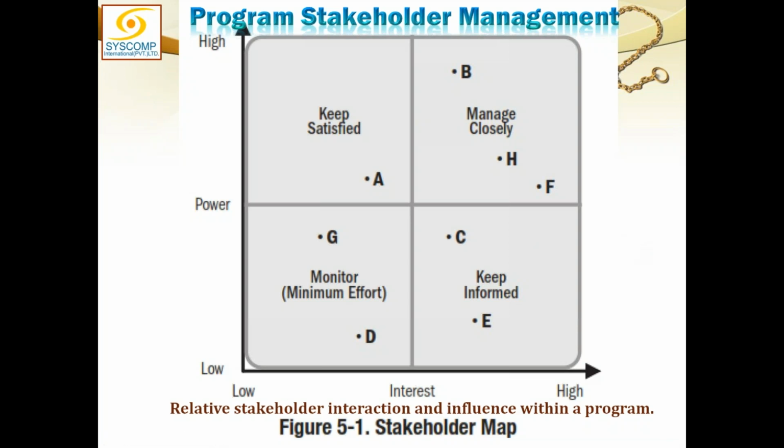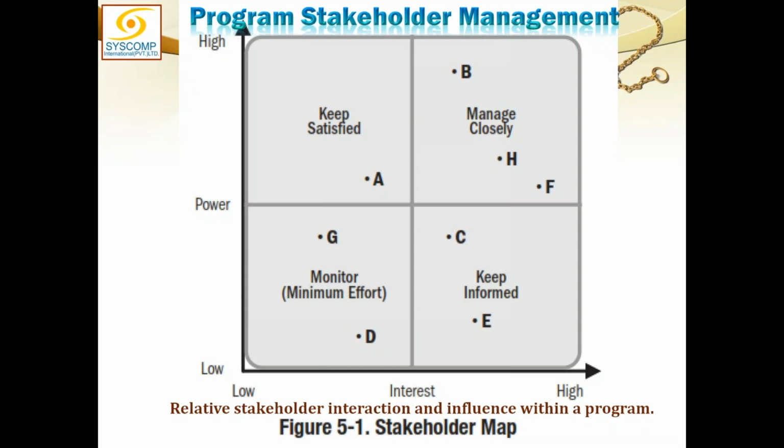Then, after you have done that, draw a box of 10 by 10, divide it into 4 equal quadrants, 0 to 5, 5 to 10, 4 equal quadrants. You will have the top right quadrant to be high in power and high in interest.